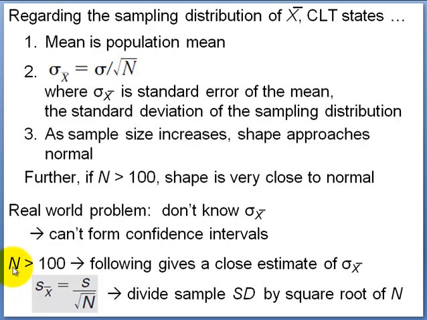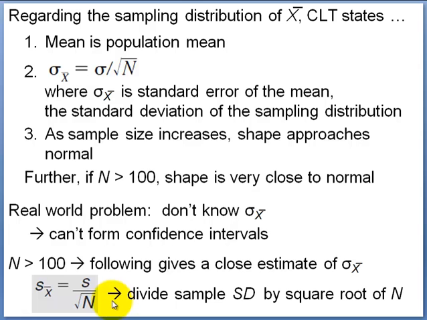Let's again invoke some pragmatism so that we can indeed form confidence intervals. And pragmatically, when sample size is 100 or greater, the following formula provides a very close estimate of the standard deviation of the sampling distribution. So we're going to be able to use this estimate rather than the actual standard deviation of the sampling distribution.